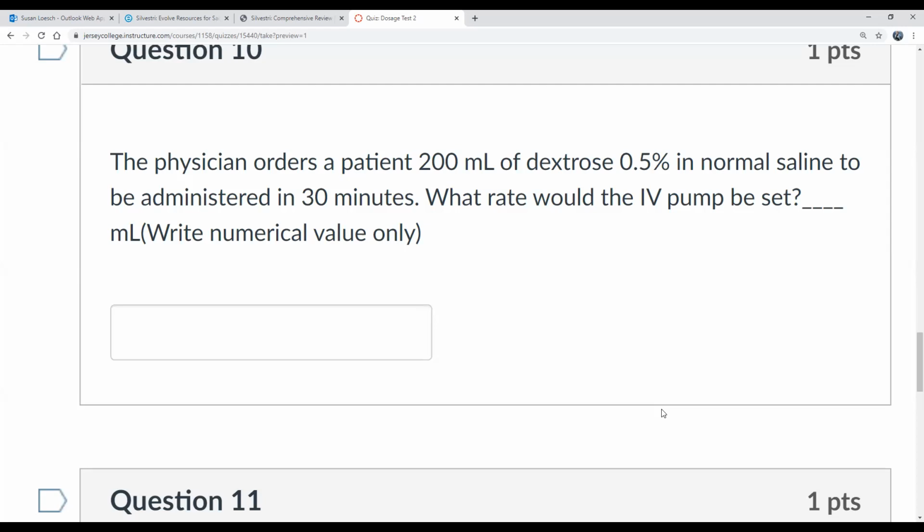So 30 divided by 60, that's 0.5. You already know 30 minutes is a half of an hour anyway, so your answer should be 0.5. So 200 divided by 0.5. Whenever you're putting this in 30 minutes, you're always going to have to go twice as fast. So it's probably going to be 400 mLs.